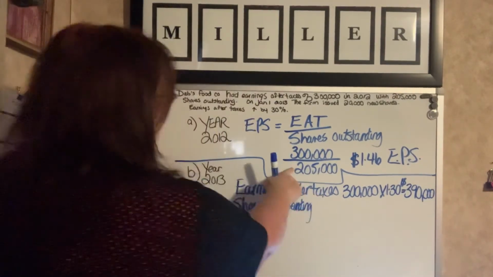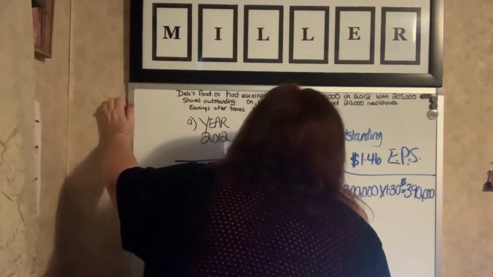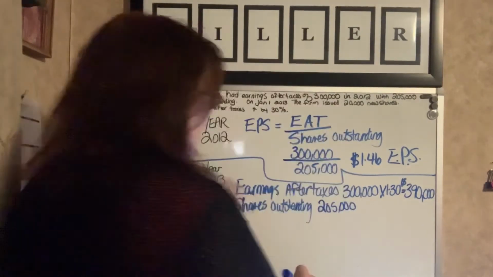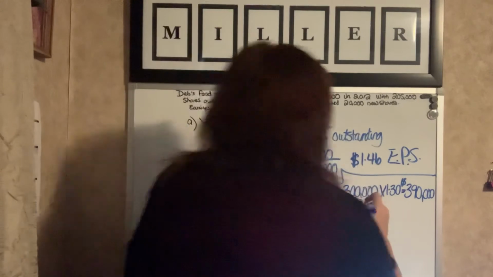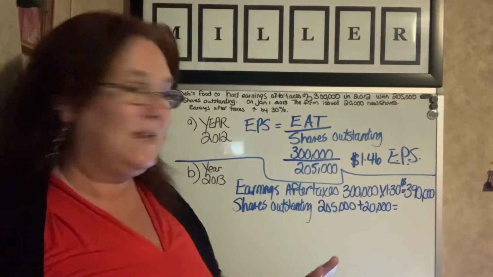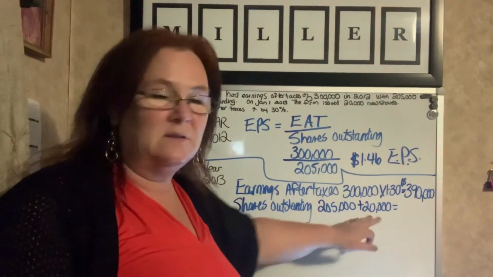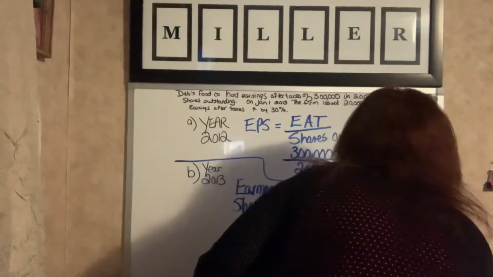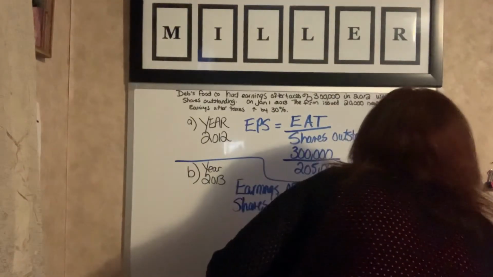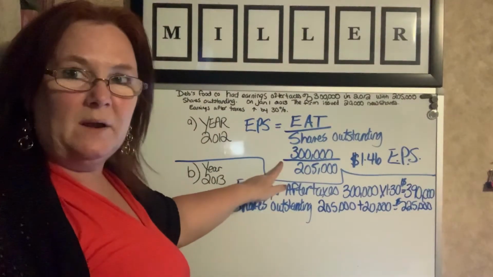We started here in year 2012 with 205,000, but it says we've added 20,000 new shares. So all you're doing is adding here. 205,000 plus 20,000 is, of course, 225,000. Now to get your earnings per share, you're doing the same thing you did up here.